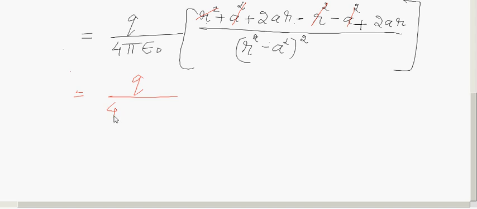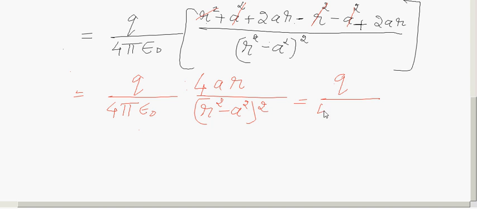We get q divided by 4 pi epsilon naught into 2ar plus 2ar, which is 4ar, over r square minus a square whole square. This 4ar can be written as 2a into 2r.